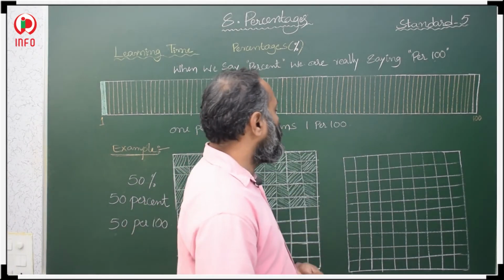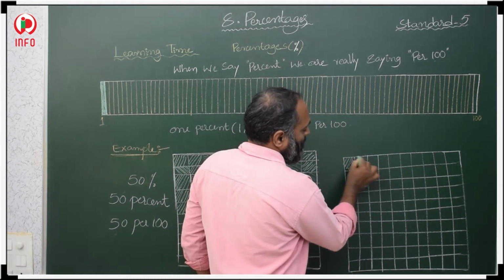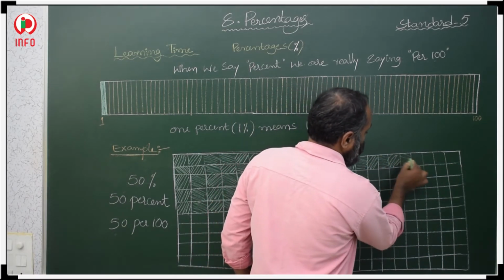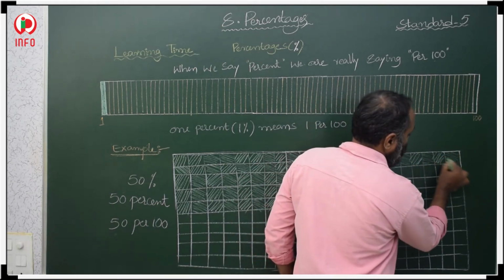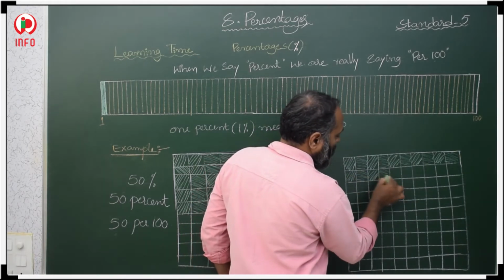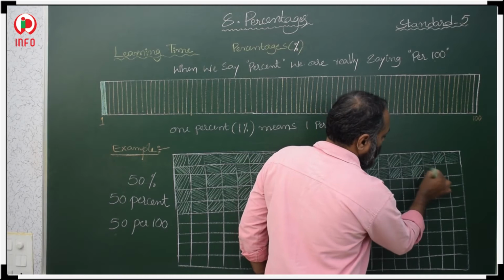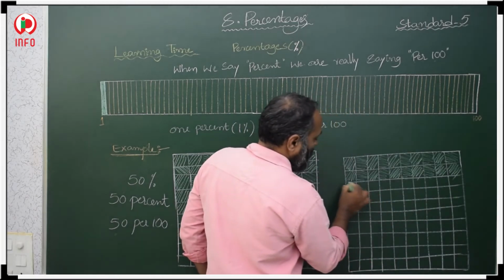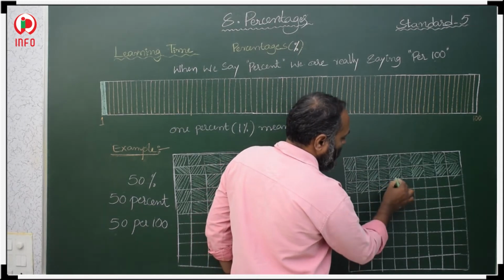Now here in the second example, if we shade 25 boxes, then 1, 2, 3, 4, 5, 6, 7, 8, 9, 10, 11, 12, 13, 14, 15, 16, 17, 18, 19, 20, 21, 22, 23, 24, 25.